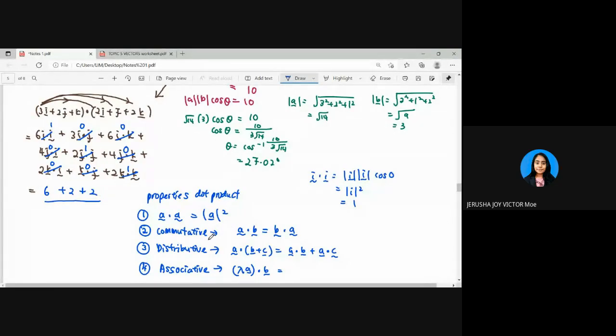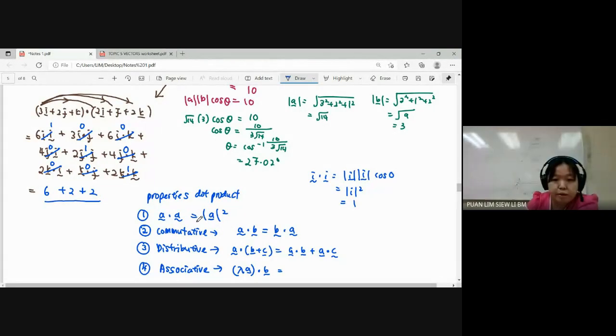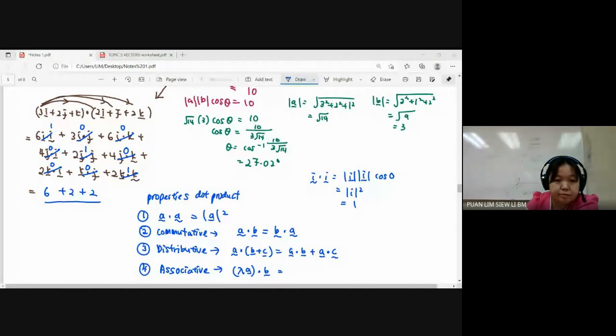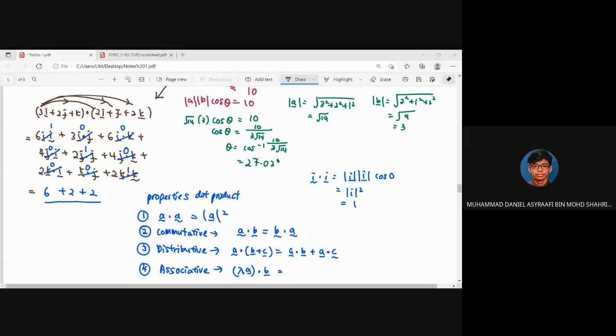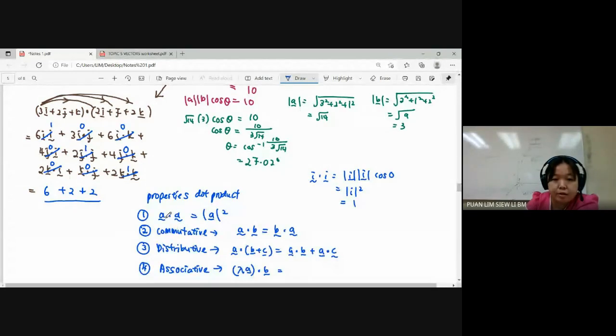Commutative. Oh, okay, so saya ulang balik commutative sini ya. Okay, commutative bermaksud A dot dengan B. So kita kena faham bila A dot dengan B, maksud tersirat dia ialah dia cakap pasal angle, angle between them.